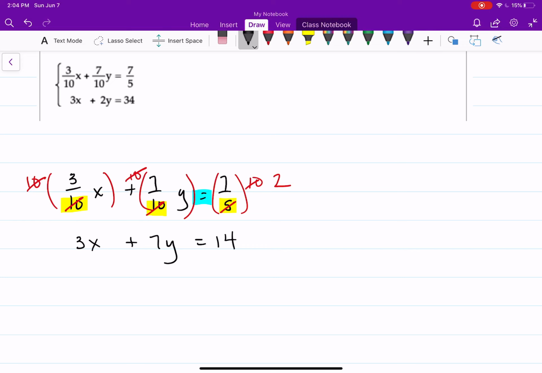Now, if you're wondering how this is possible, well, I actually did not change the value of the equation. The equation is exactly the same.